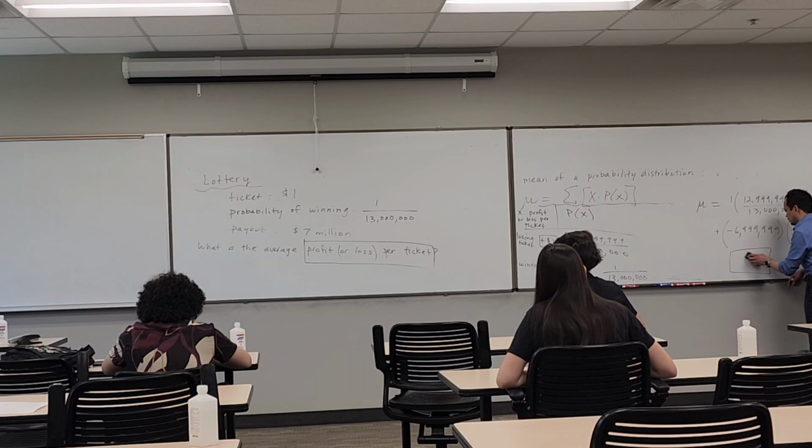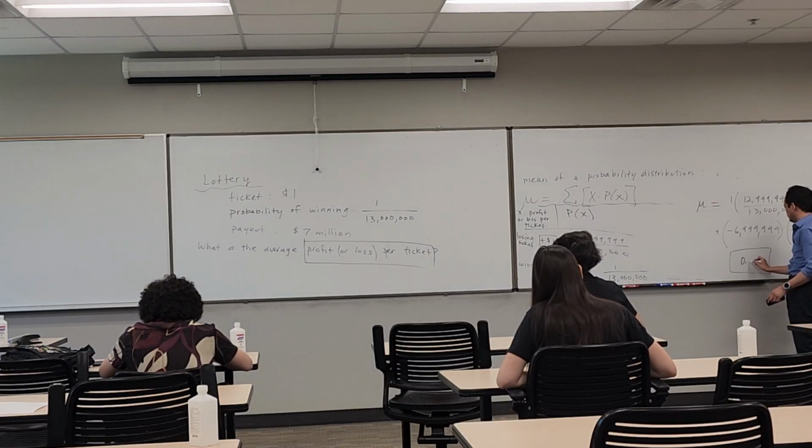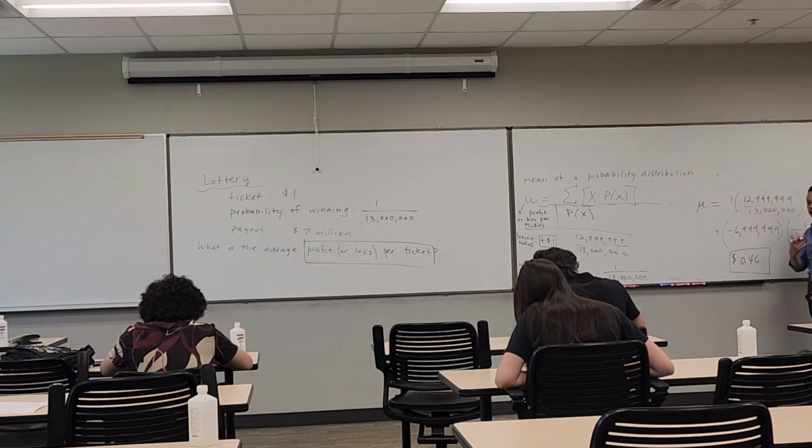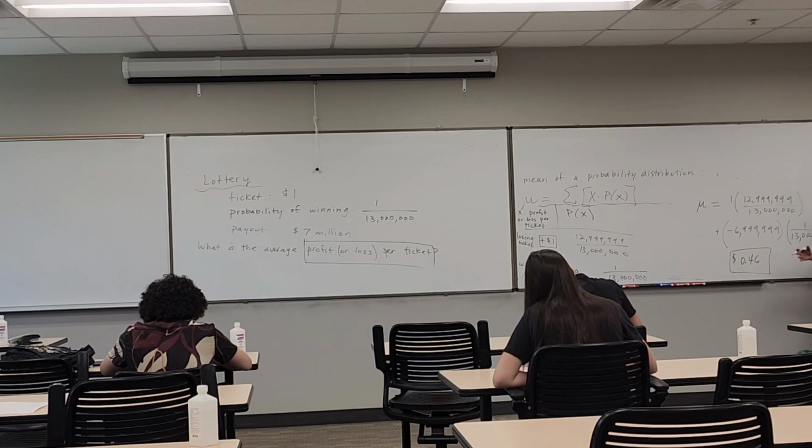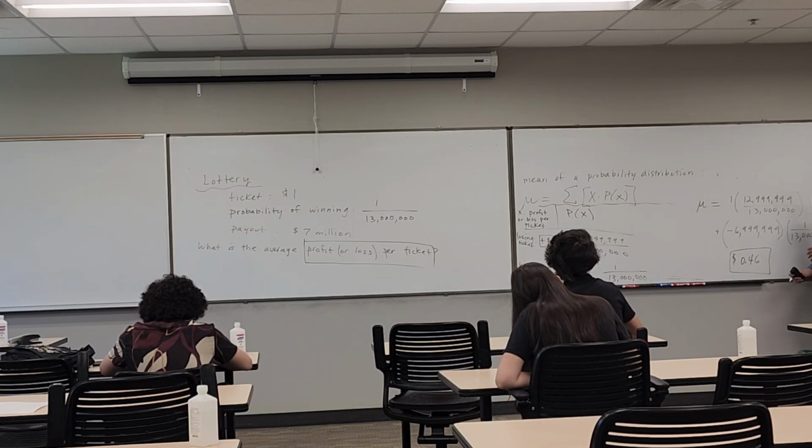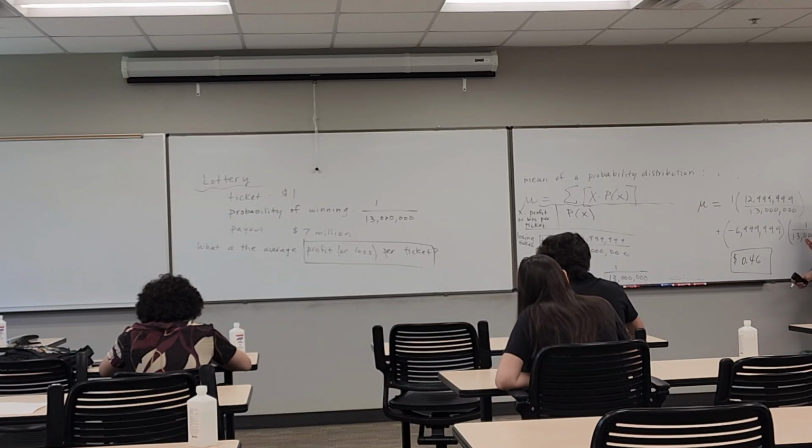So it turns out that the answer is 0.462? Yeah, so it's 46 cents. That makes more sense, meaning that if the price of a ticket is $1, on average the government doesn't make the full dollar.